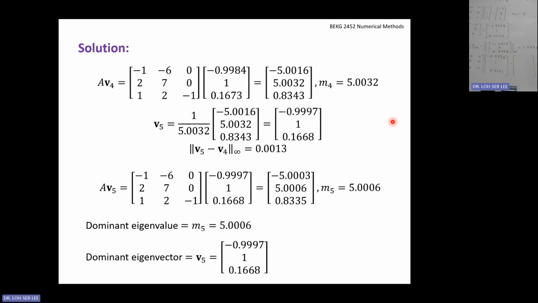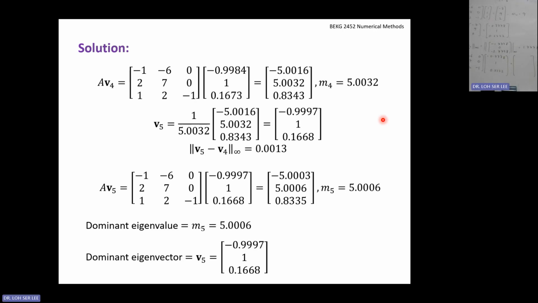Okay, if you manage to get the right answer for at least two iterations, then I think you know how to compute for this one. It's just that until the last iteration, when you see that your error is less than the given epsilon, you need to compute one more ABK to get the dominant eigenvalue.